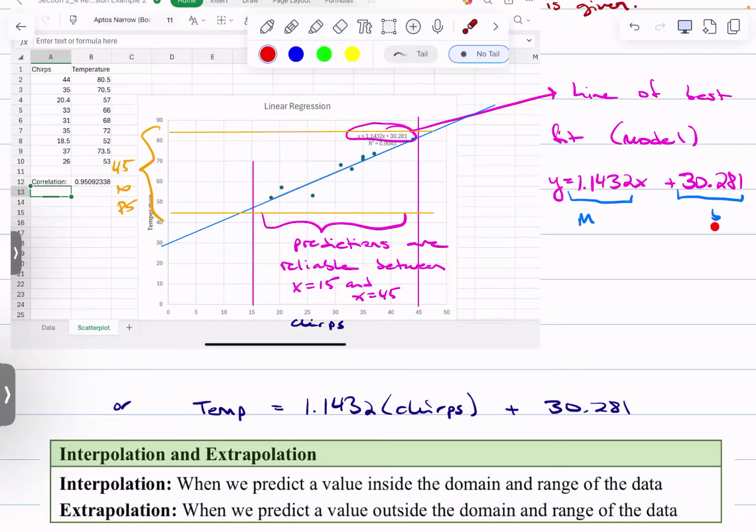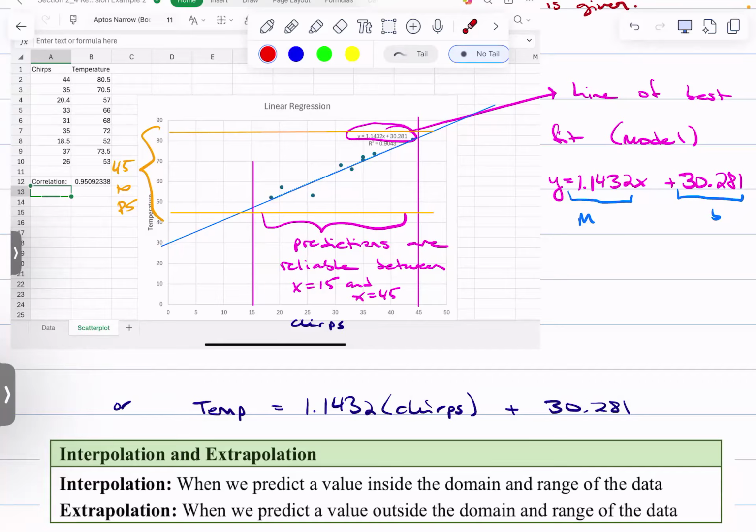What's the interpretation of the y-intercept? That is your y when x is 0. And so that's the temperature when the number of chirps is 0. We see from our data that doesn't seem to happen. Crickets are going to chirp, I guess. So here, the y-intercept is an extrapolation.